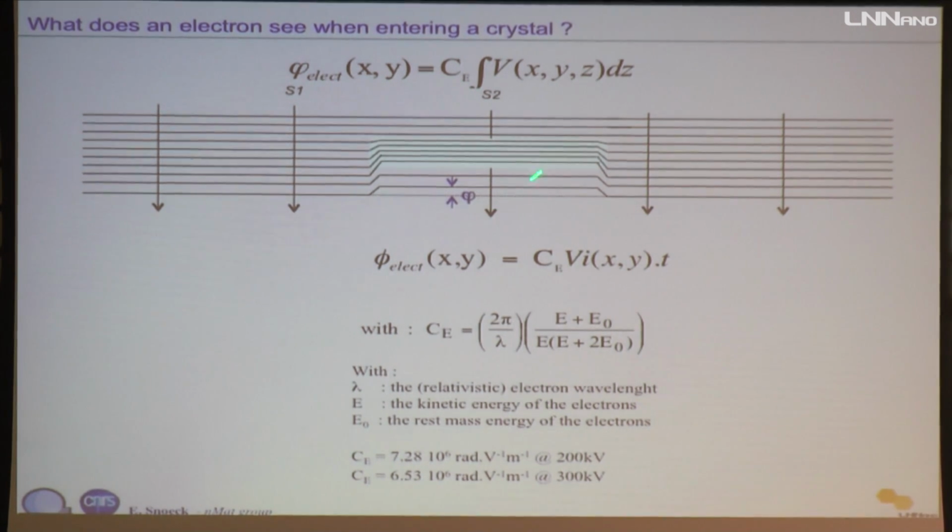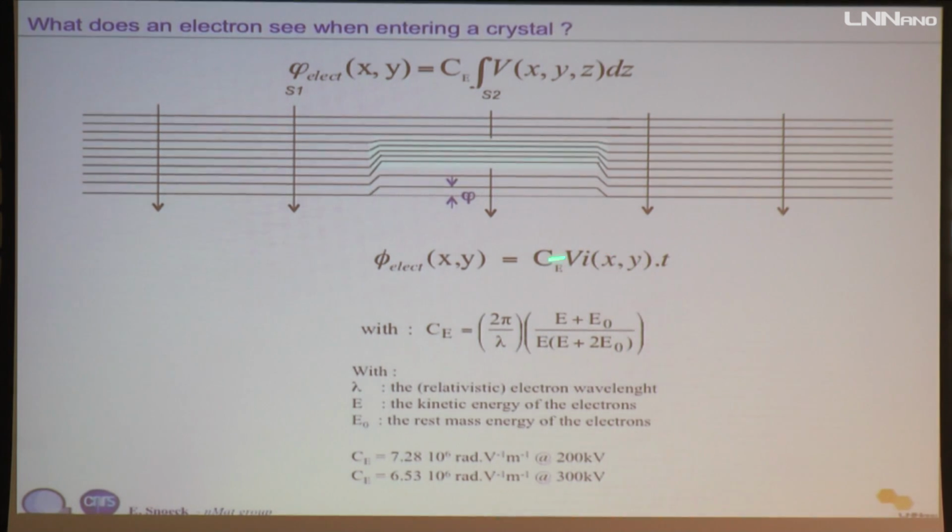So what you are getting here is the measure of the mean inner potential. If you have a beam passing through this material of a given thickness, you are integrating this electrostatic potential along the thickness of the material the beam is passing through.